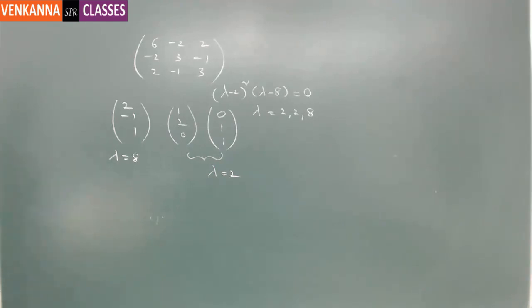Right. So here, if you observe, are they pairwise orthogonal? If you consider the dot product of any two, is it giving 0 to us?